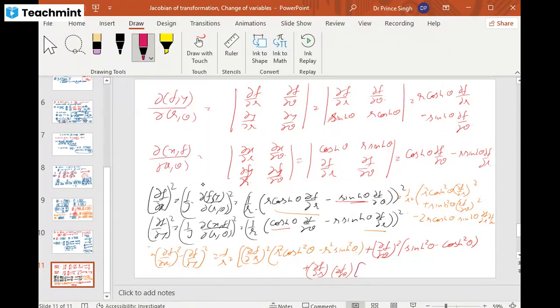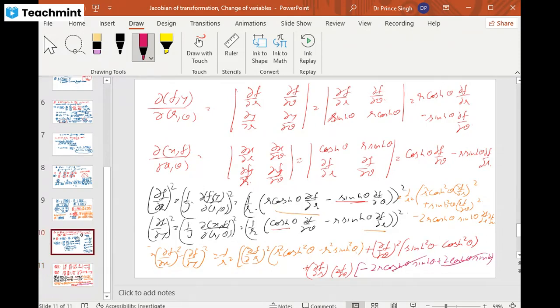Its coefficient will be minus 2ab, which is minus 2r cosh θ sinh θ. But because we already have a negative sign, it becomes plus 2 times cosh θ sinh θ. This term gets cancelled out.